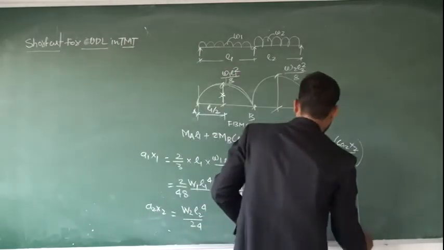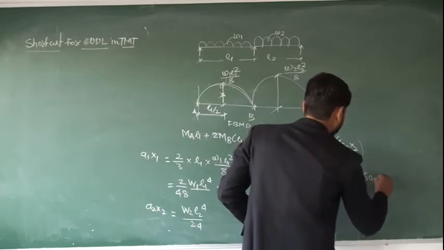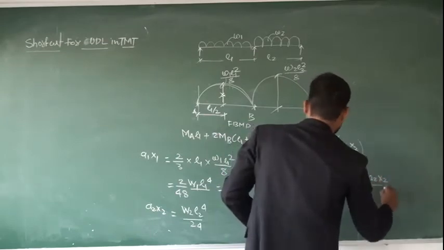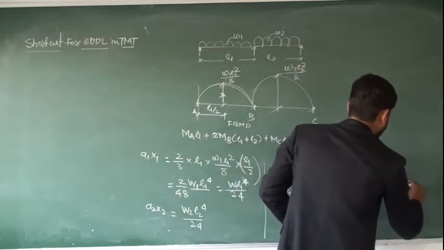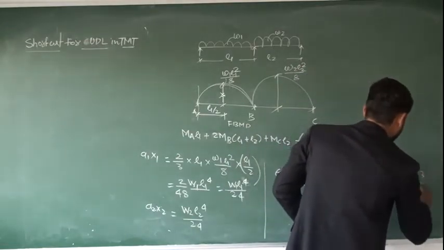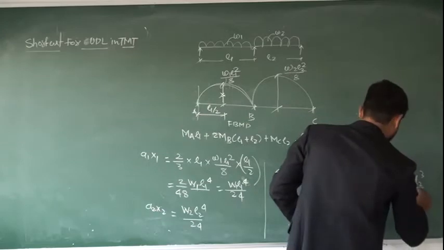And for the second, 6 A2x2 divided by L2 will be W2 L2 cube divided by 8.